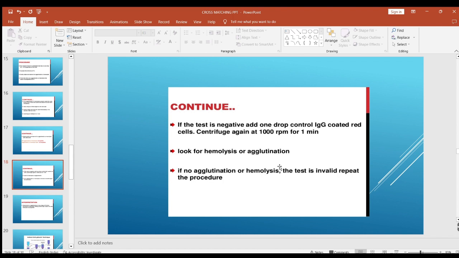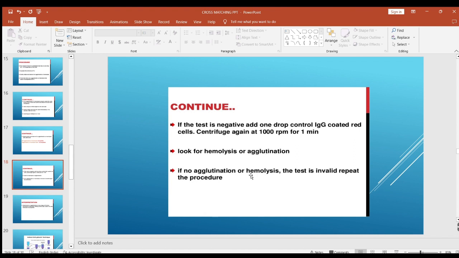If the test is negative, add 1 drop of control IgG coated red cells. Centrifuge again at 1000 RPM for 1 minute and observe for hemolysis or agglutination.